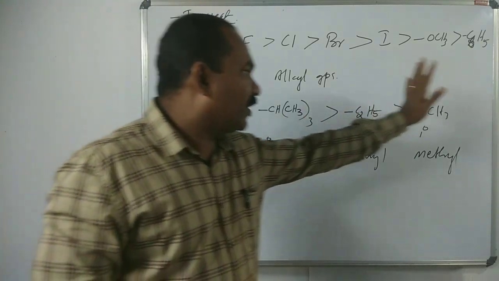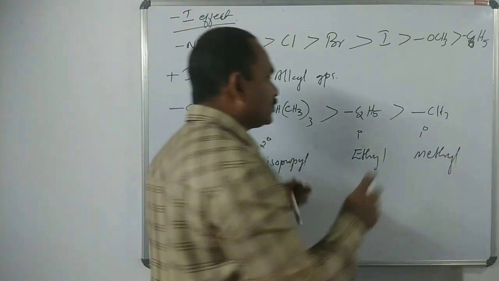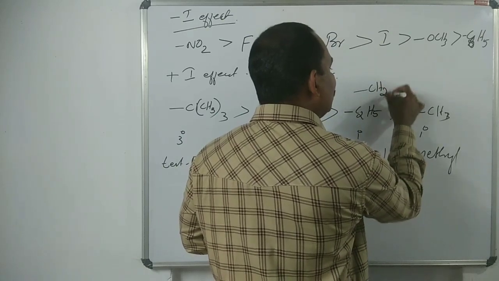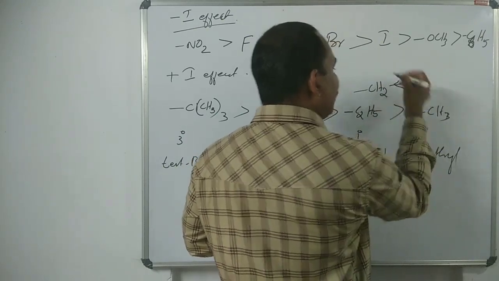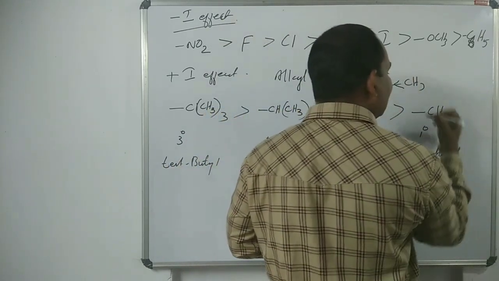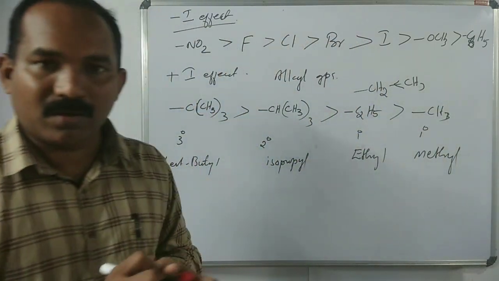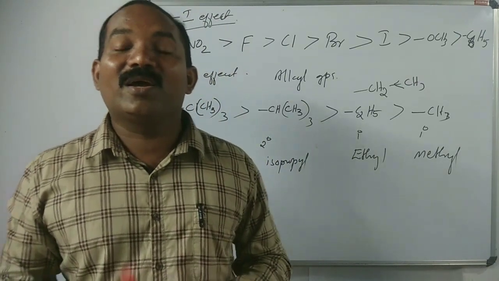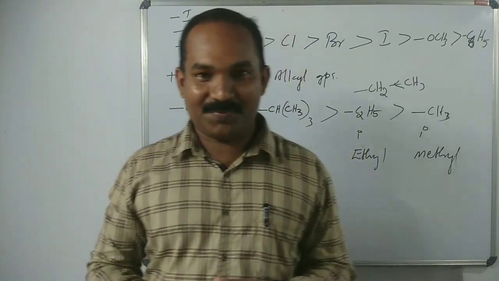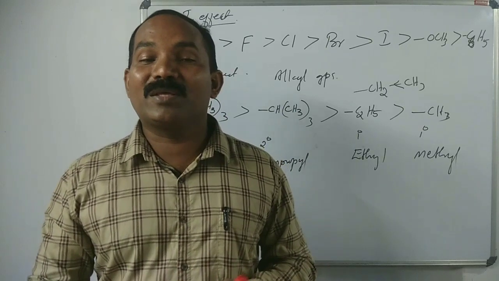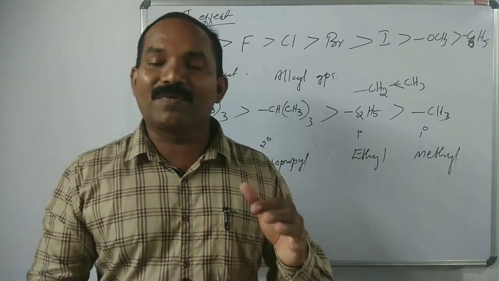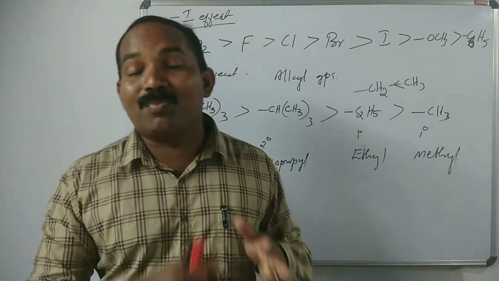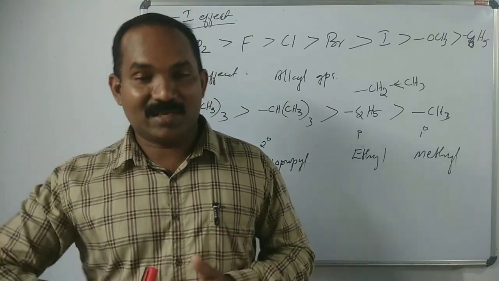When ethyl group and methyl group come, remember CH2, CH3 has plus I effect, while here there is only a CH3 group. And hydrogen is neither plus I nor minus I. If a hydrogen atom is attached to a carbon atom, it doesn't have plus I effect or minus I effect.